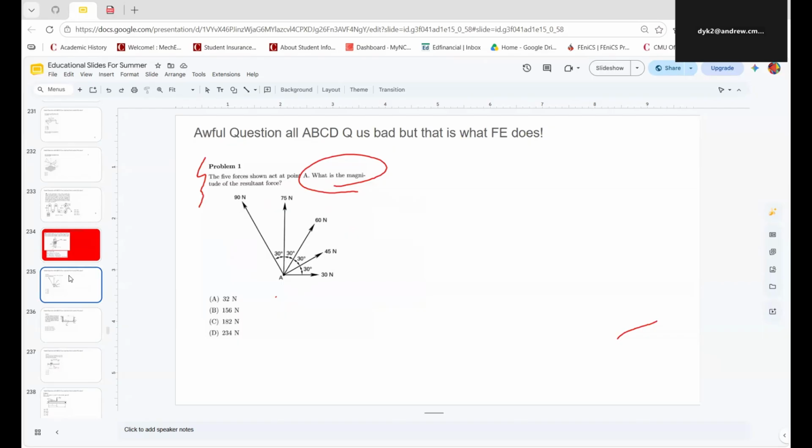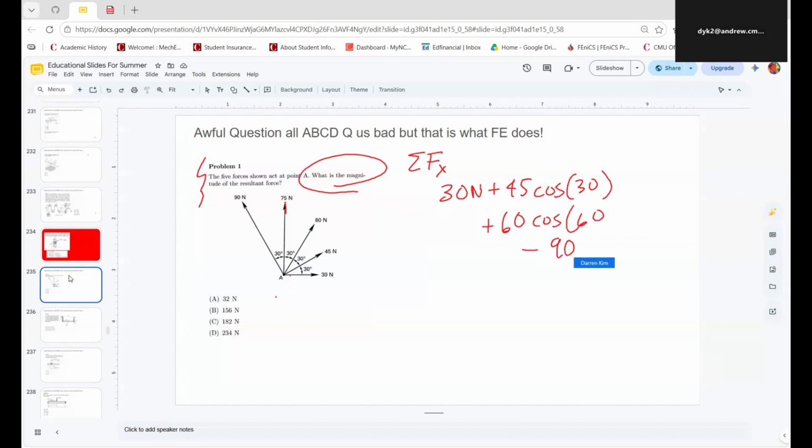All right. Summation of Fx first. This is not even a static question. This is just a movement question. So for Fx, we know 30 newtons is already in play. We know we have to add 45, and it's going to be cosine of 30, plus 60 cosine of 60, and then minus 90 sine of 30, equals what?